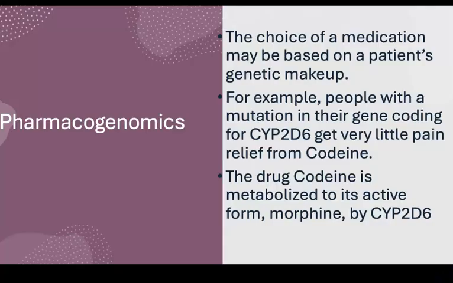So moving on then to pharmacogenomics, that really is an important term, because this really looks at the individual's genetic makeup and how we choose medications for those patients, and how the medications may be impacted by their genetics.